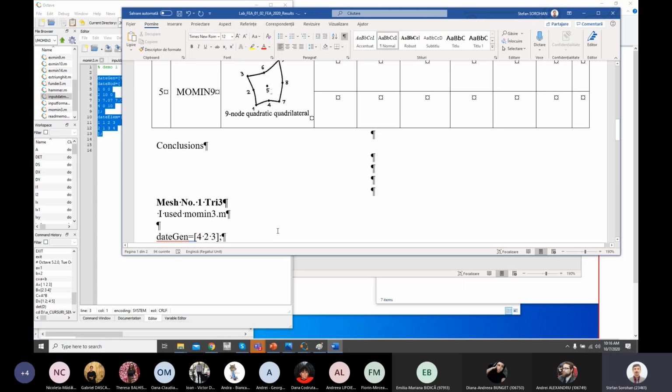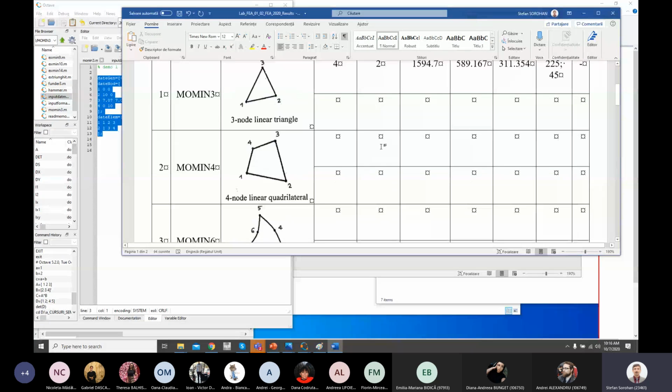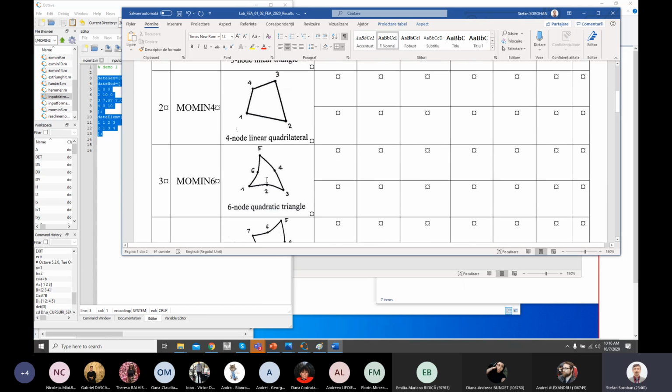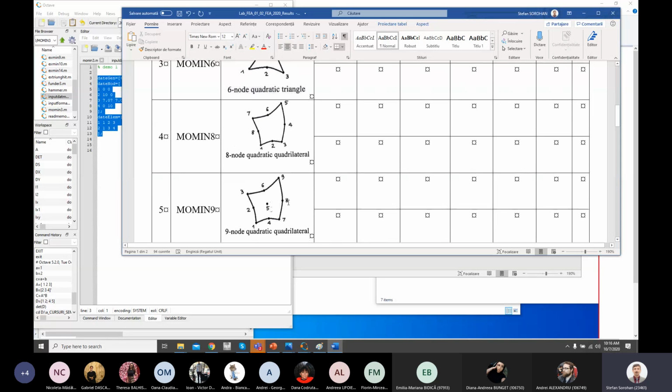It's your option, not necessary, because we know that the subject of this lab is the second moment of area. And okay, after that you may start with this kind of meshes, and I think that it is better to take the last one.